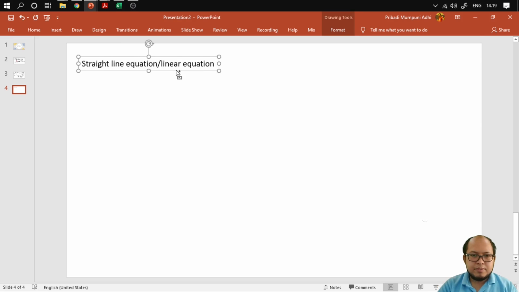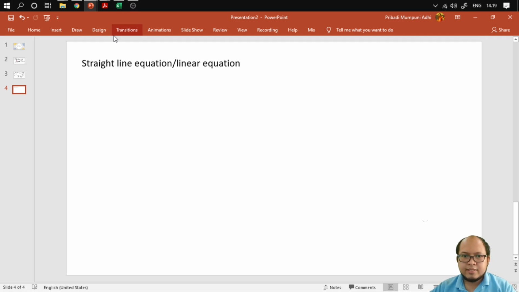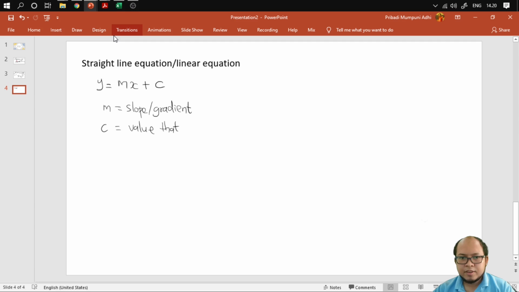For the linear equation, generally it has the notation of y equal mx plus c, where the m is called the slope or gradient, and c is the value of y when x equal to 0.